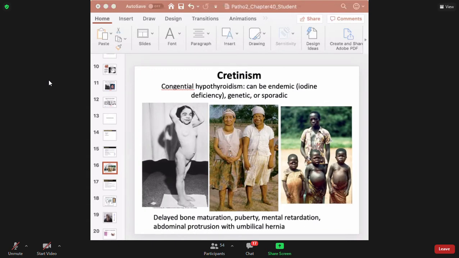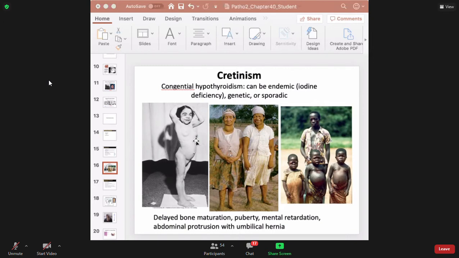In places where you have iodine deficiencies, like in the Himalayas, the mother will not be able to pass on iodine to her fetus, and that will cause a lack of thyroid hormone being made. The fetal thyroid is not developed or formed properly until the second trimester, so it uses the mom's thyroid hormone in the first trimester.